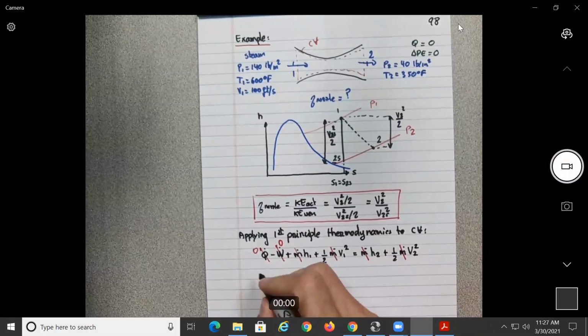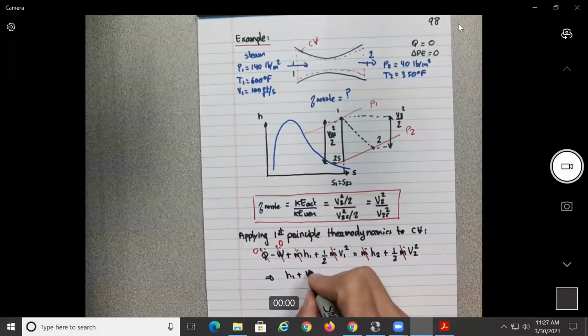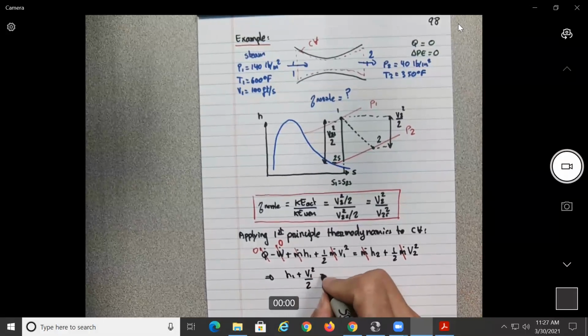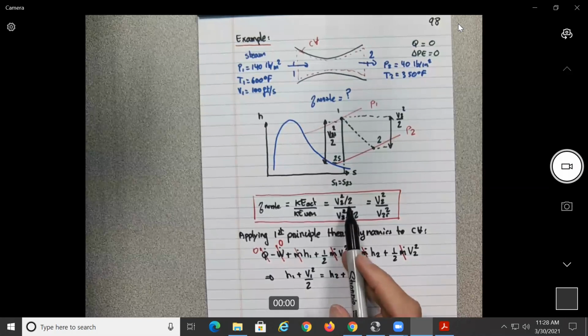So what do we have? We are left over with H1 plus V1 squared over 2 equal to H2 plus V2 squared over 2. And what do we need to solve for over here? V2 squared over 2.